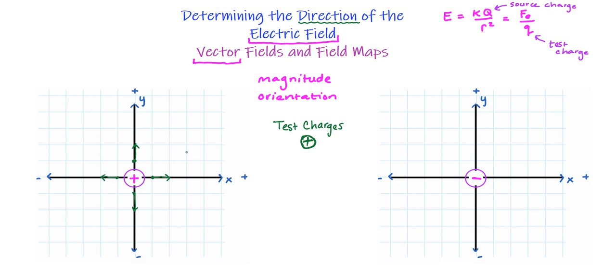And you may notice that I'm also trying to make the arrows the exact same length if they're the same distance away from the source charge. So over here, all my arrows are the same length. That's telling me the length of the arrow is the magnitude of the field.